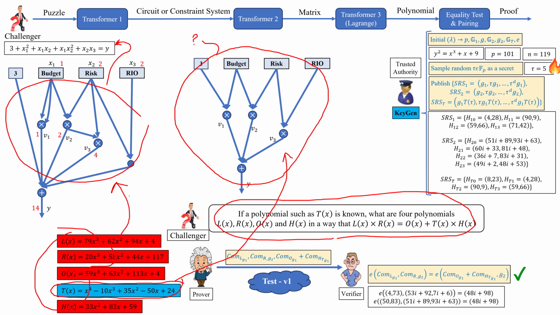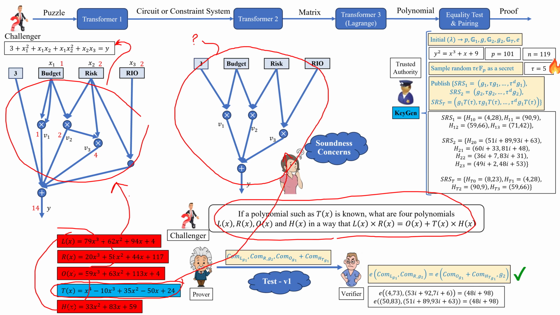Because everything that binds circuit number 2 is polynomial T of x. So this means that the knowledge L, R, O, and H related to the first circuit can satisfy the second circuit, right? And this is the concern of soundness.